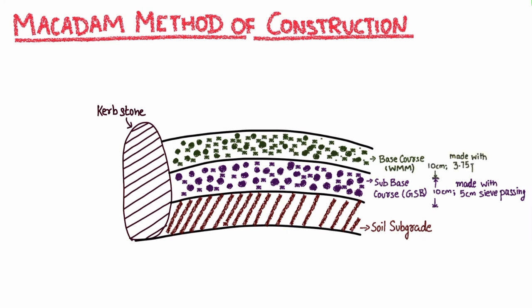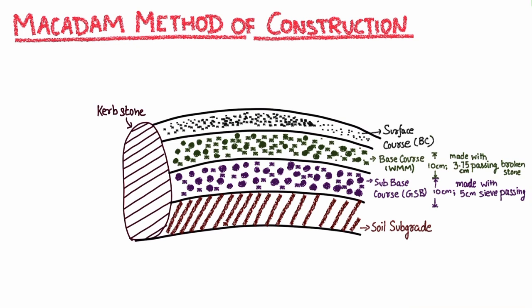The thickness of this layer was around 10 centimeter, and the aggregate that were used were 3.75 centimeter passing broken stones. And at the top we had the surface course of BC layer. The thickness was around 5 centimeter, made with the aggregate that were passing 1.9 centimeter sieve.